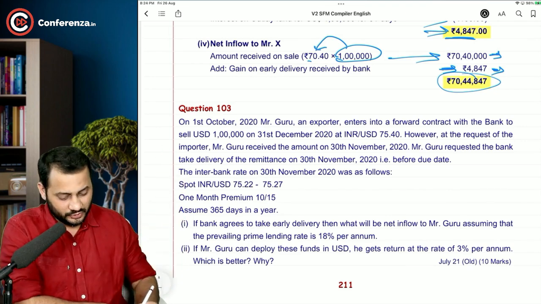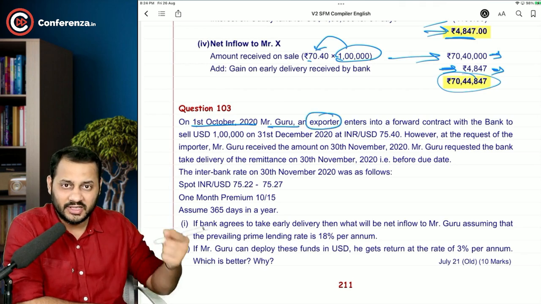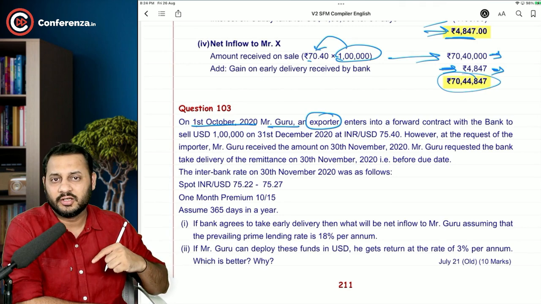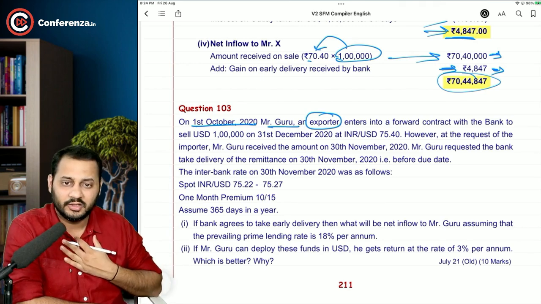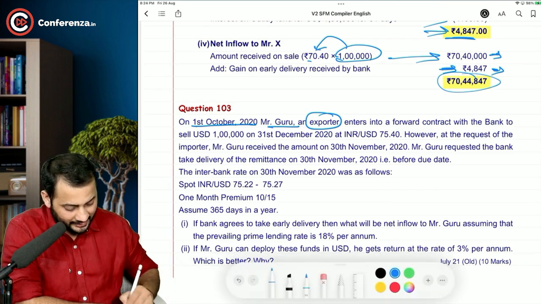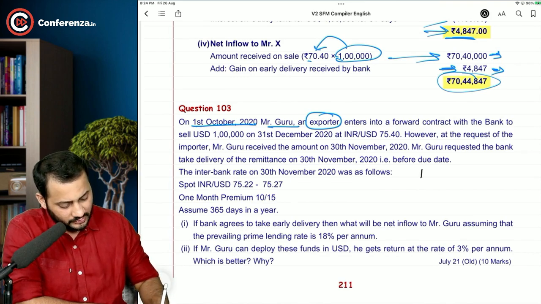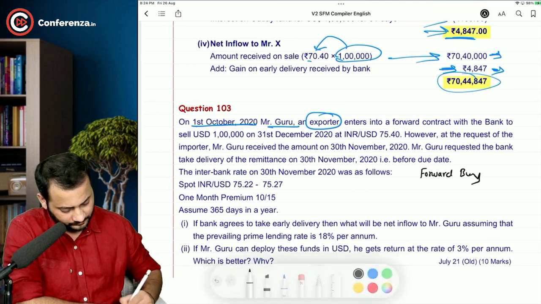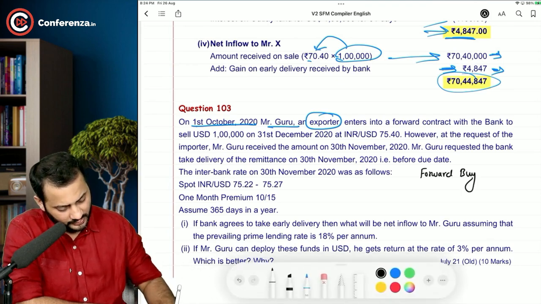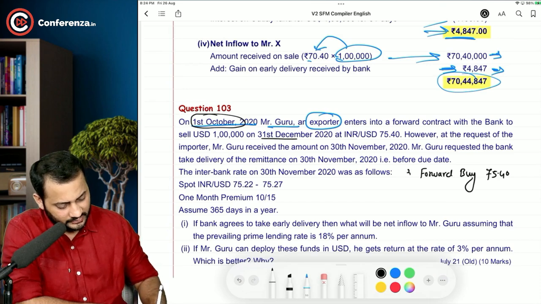That's it. Okay, so on 1st of October, Mr. Guru is an exporter. That means he wants to sell the currency to the bank. We are the bank. He will be selling foreign currency. So the bank has a forward buy contract because the bank will be buying. So for the bank it's a forward buy contract at 75.40, from 1st October to 31st December, that means 3 months.